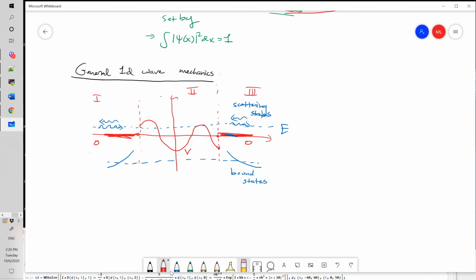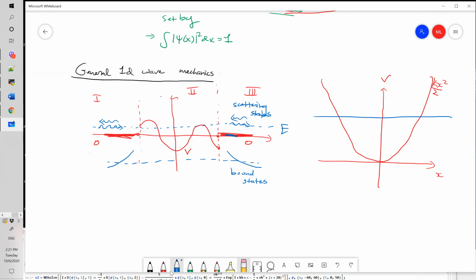Even something like, which we won't have much time to do today, the classic potential, the parabola of the harmonic oscillator, 1/2 kx squared. We imagine putting some energy here and ask, what are the solutions of the wave function going to look like? Out here, they should be exponentially decaying because the potential is bigger than the energy.